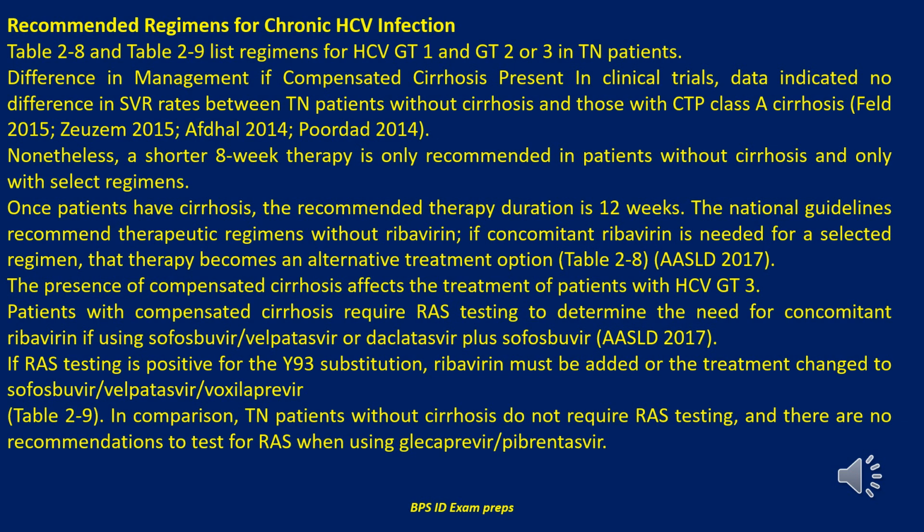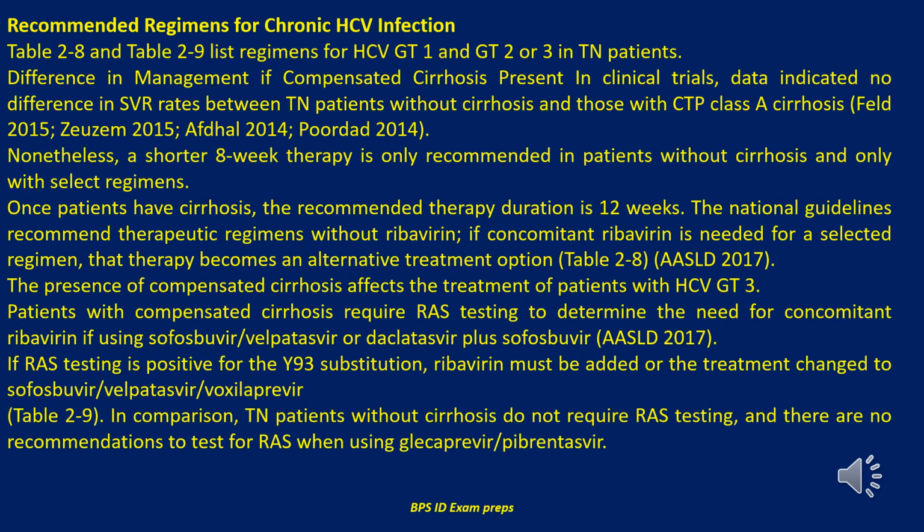The presence of compensated cirrhosis affects the treatment of patients with HCV genotype 3. Patients with compensated cirrhosis require RAS testing to determine the need for concomitant ribavirin if using sofosbuvir plus velpatasvir or daclatasvir plus sofosbuvir, according to the AASLD 2017.